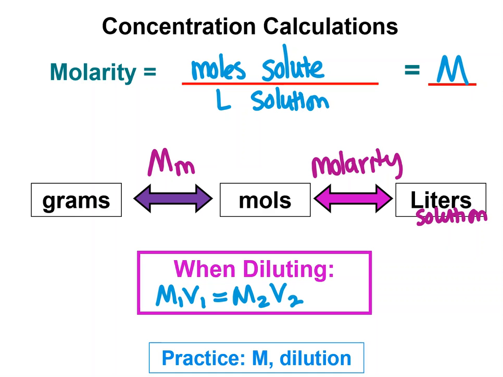In this, the ones are for before you add the water, and the twos are for after you add the water. Of course, the capital M is molarity, so the concentration, and the V's are volume.